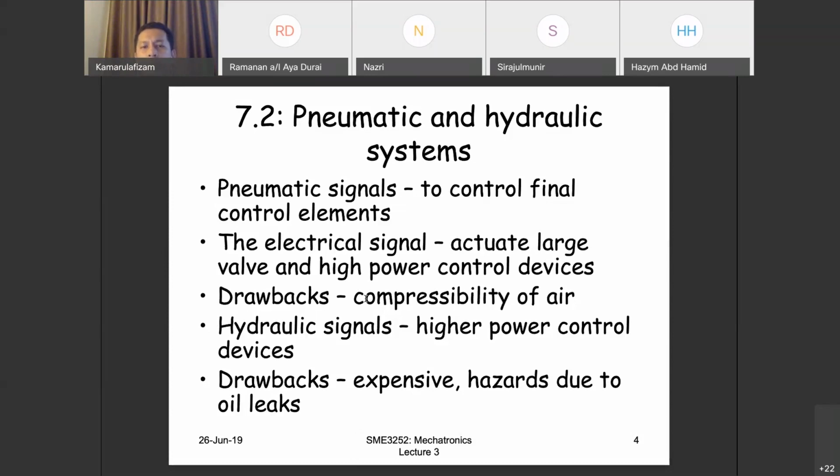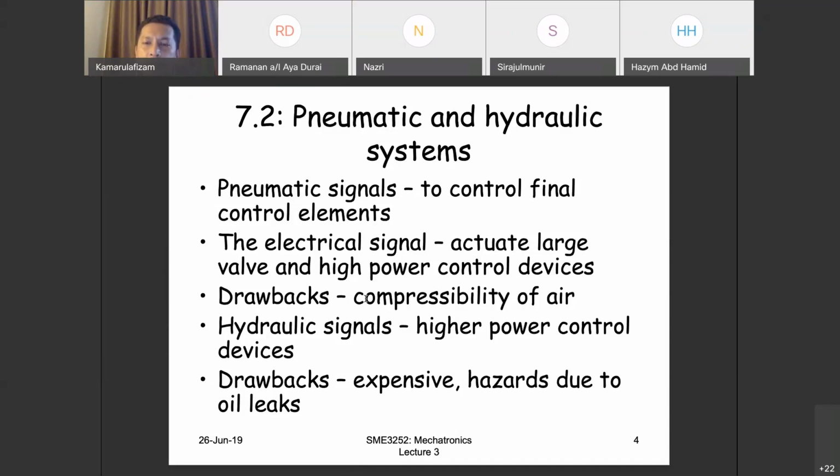When you compress the air, the compression has to reach the point you want. So part of the issue of pneumatic is the compressibility of air. Let's say your actuator or sensor can detect 1 bar, 1.5 bar or 2 bar. It's quite difficult for us to give exactly 1 bar or 1.5 bar in the form of a pneumatic signal.